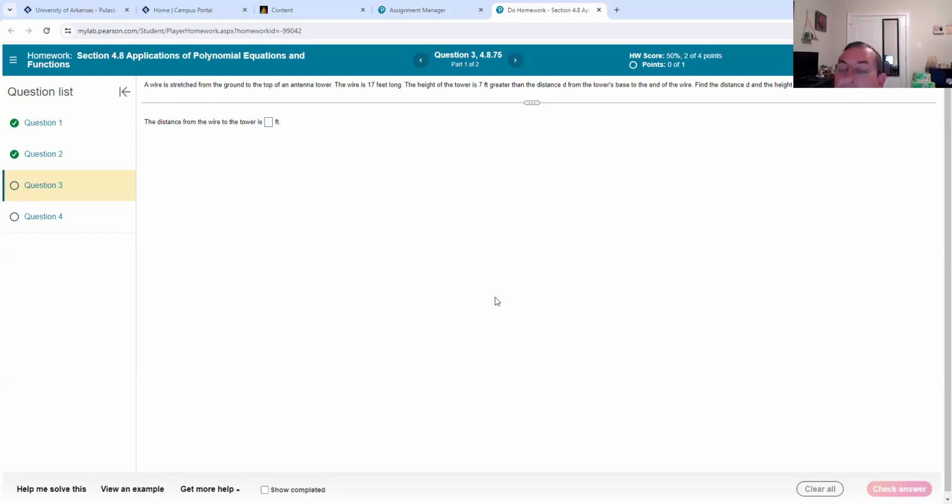So look what they want. They want to find the distance D and the height of the tower.